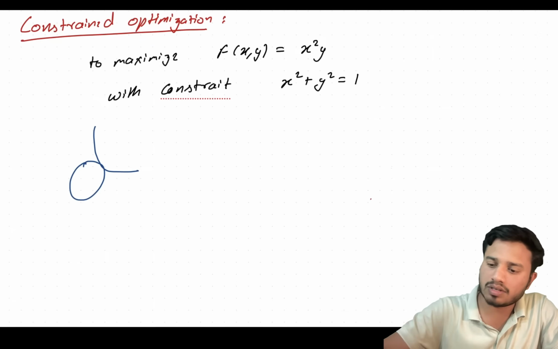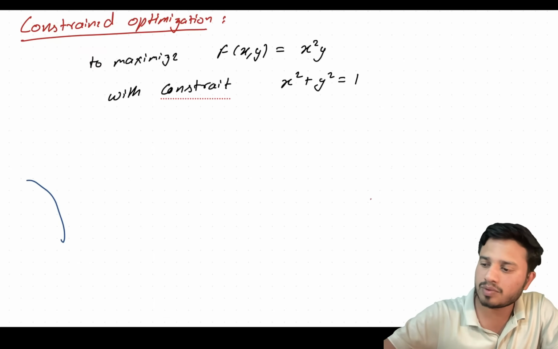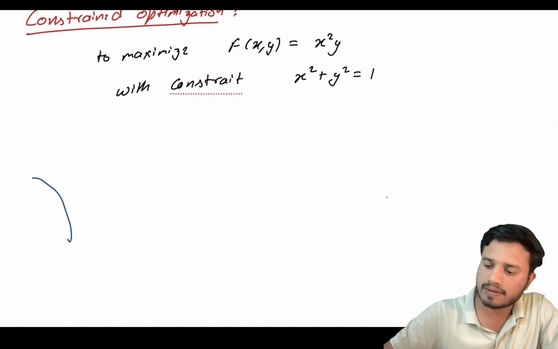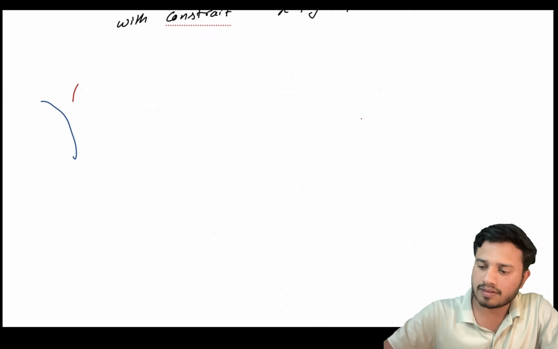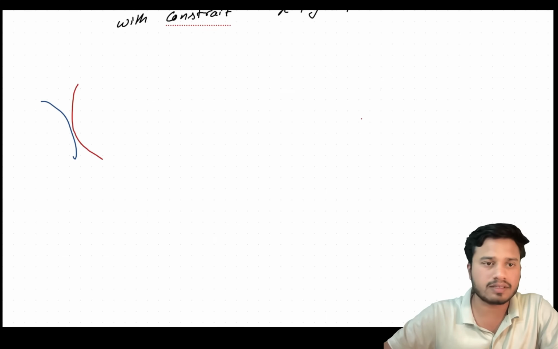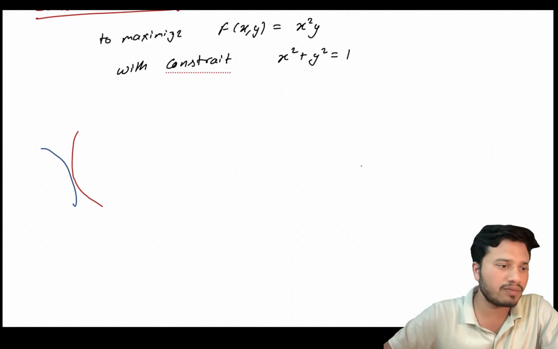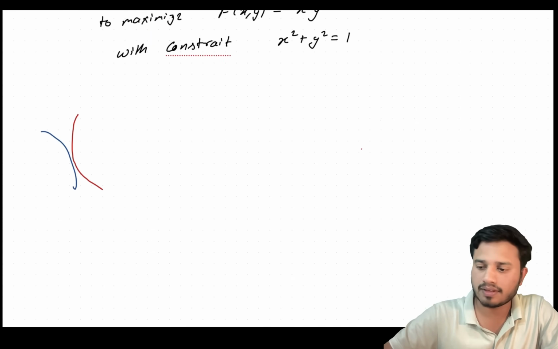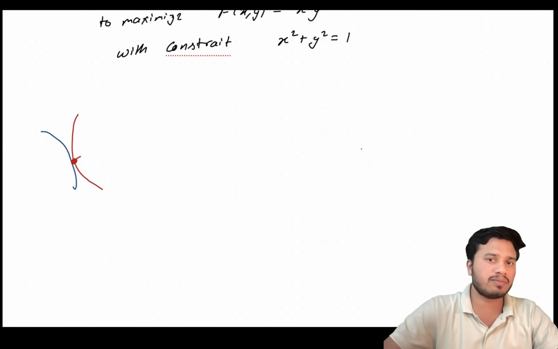Just focusing on this, our constraint line goes like this. This is the function which we have to maximize. At this point, we have to check if it is a maximum.